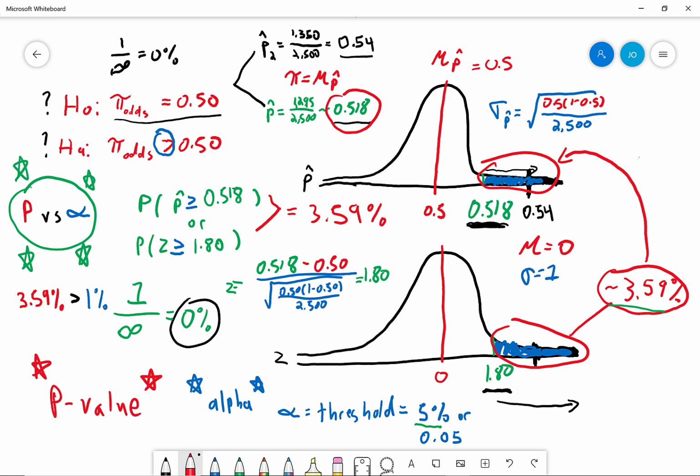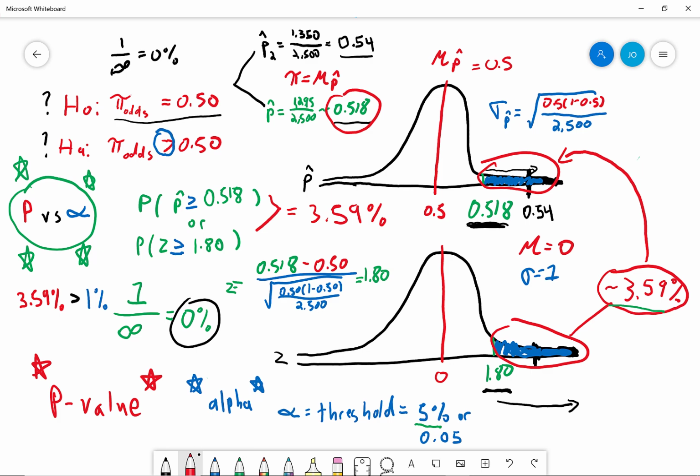We had some evidence for HA, just not enough to throw me in jail. Just not enough to find the defendant guilty. These tests are not designed to support the null hypothesis. They're designed to have evidence to support or not enough evidence to support the HA.